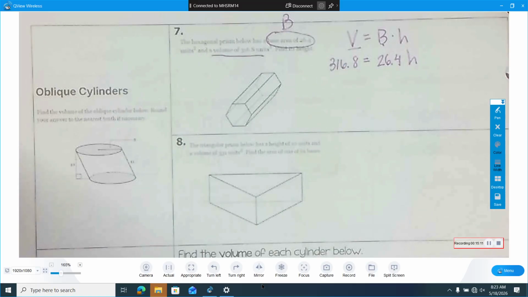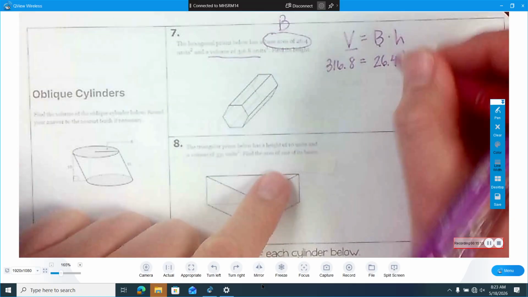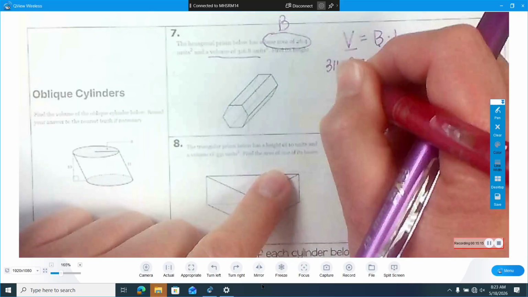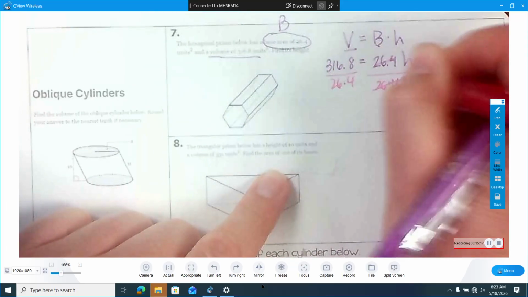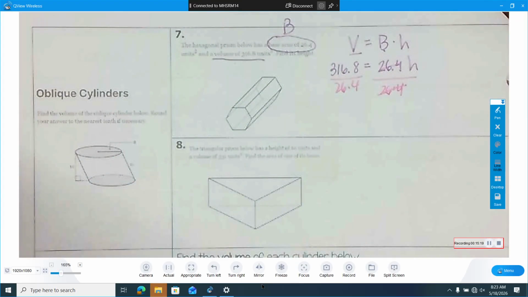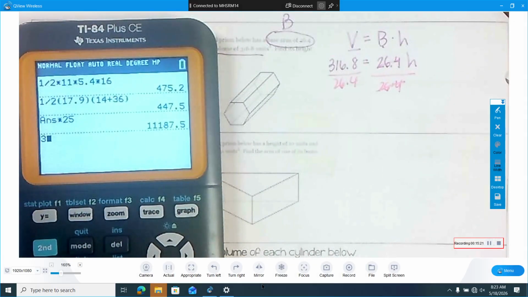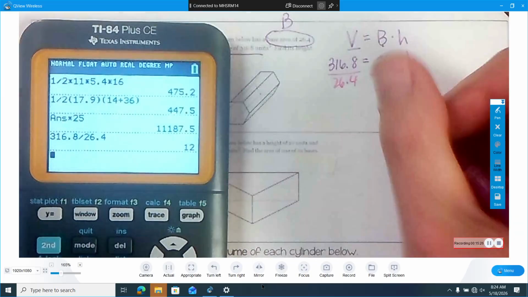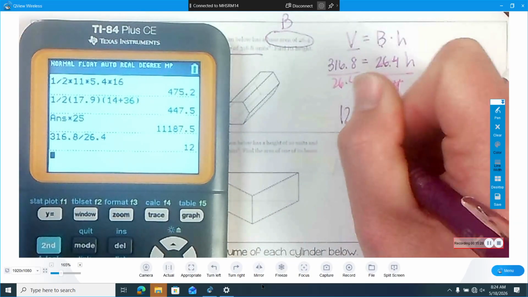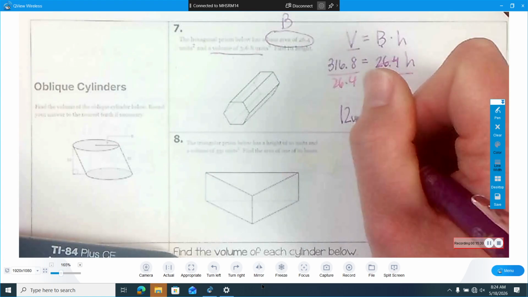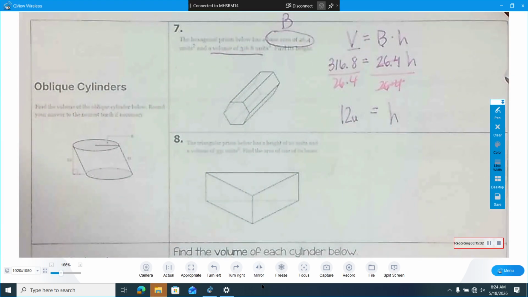How do you get the height by itself? Divide off 26.4. All right, so 316.8 divided by 26.4. Oh, look at that. Perfect. So the height is 12, and these would be units because they didn't specify what the units are.